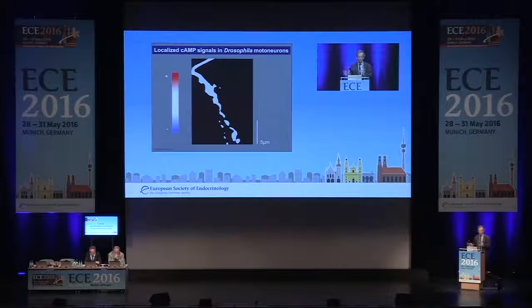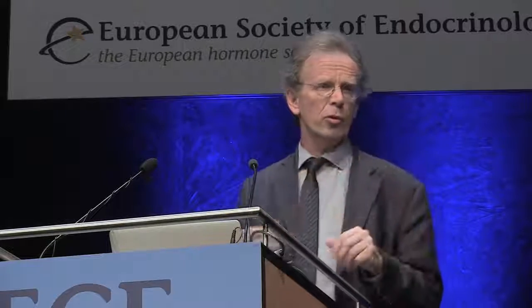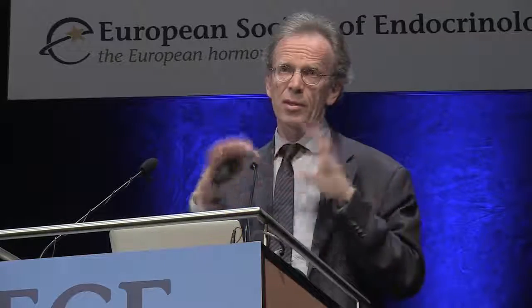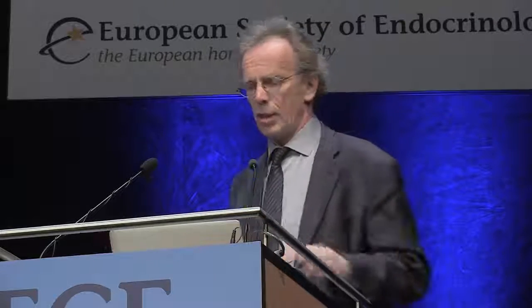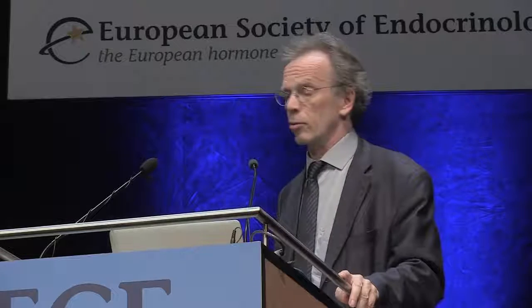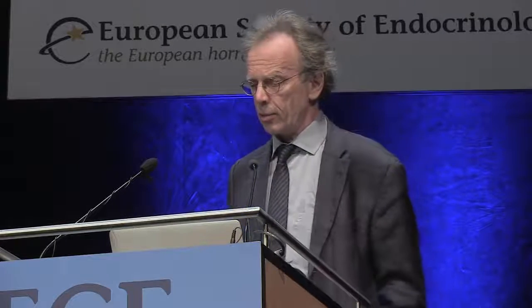So this might allow us to distinguish between responses that are produced by receptors in different localizations and might allow us to develop drugs which produce only the first wave of receptor stimulation at the cell surface and has a set of physiological responses, or the second wave of signaling that occurs intracellularly and produces other types of responses.